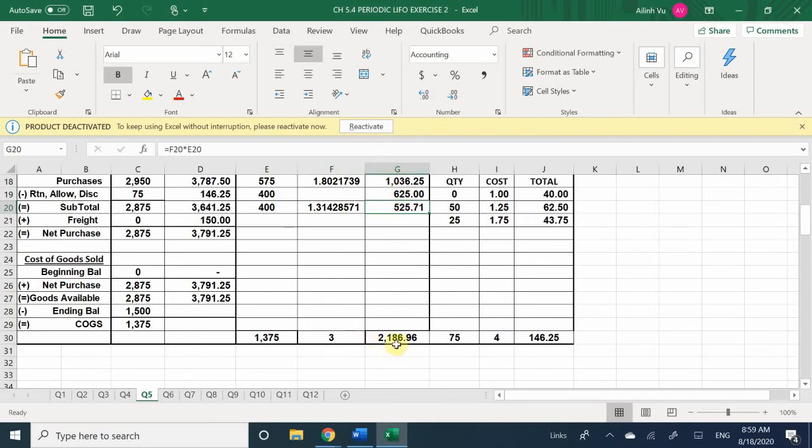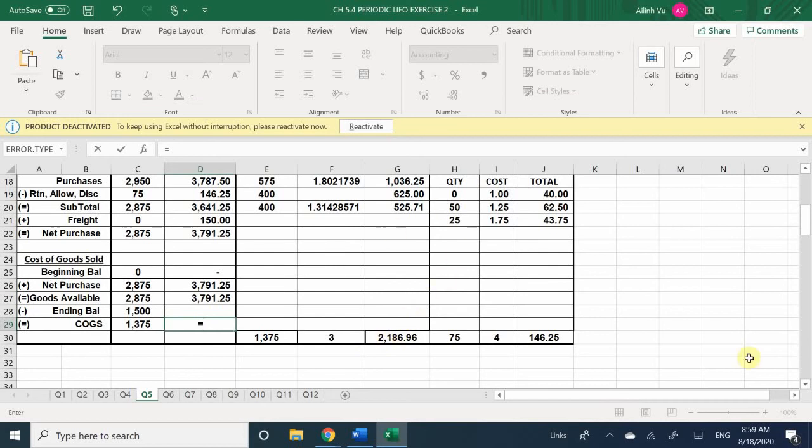All right, so by adding up the sums here, we have that the ending inventory is going to be $2,186.96.